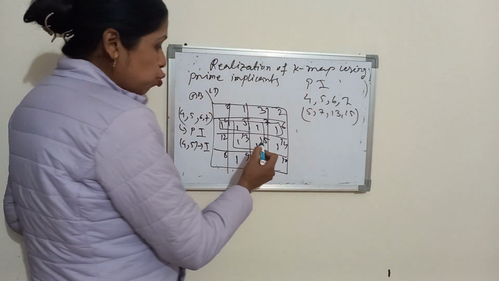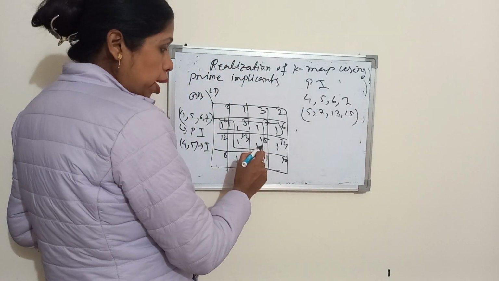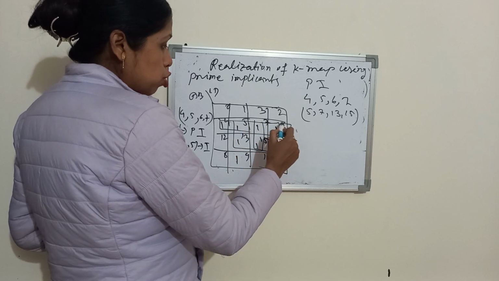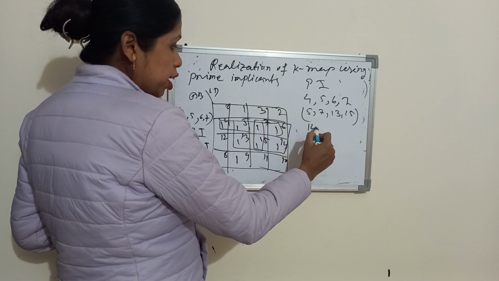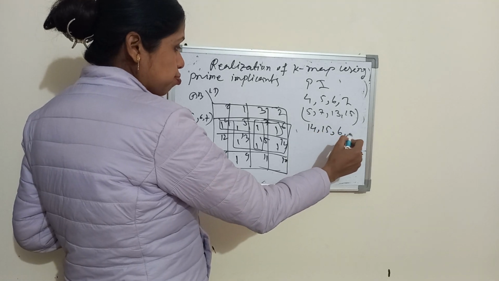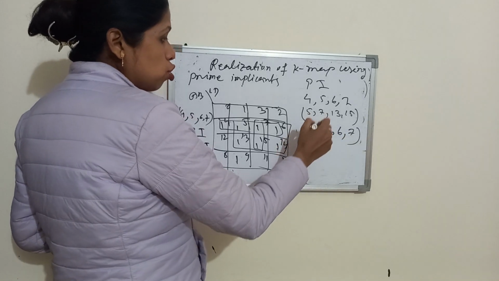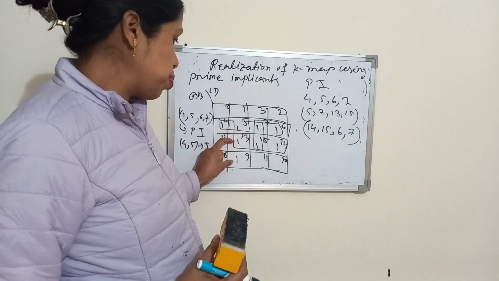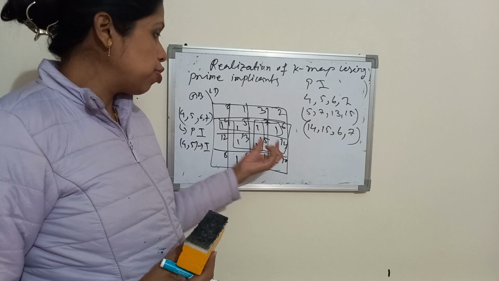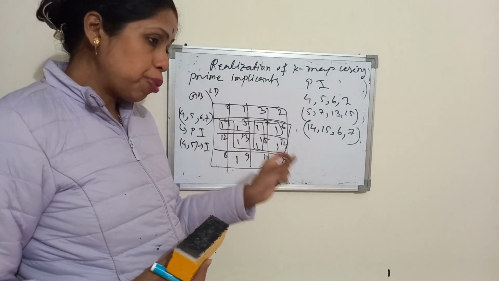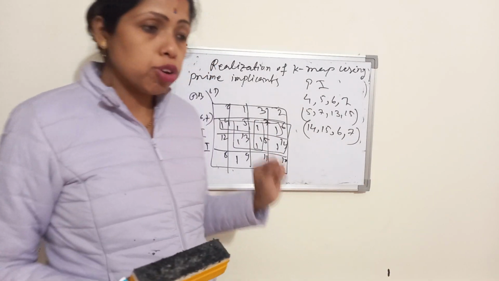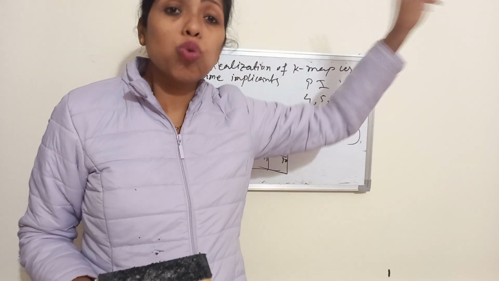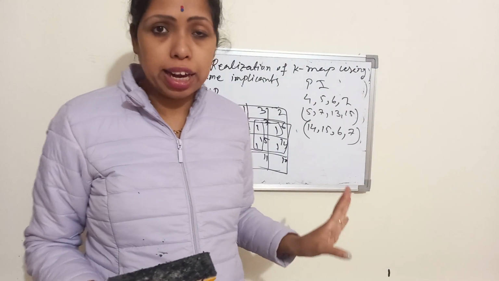Now here also 14, 15 is an implicant, but not a prime implicant, because by using 14, 15 you can create a quad. So this is also a prime implicant. Individually 14, 15 can create a pair, but this pair is only an implicant, because along with 14, 15 you can create a quad. That quad is a prime implicant.